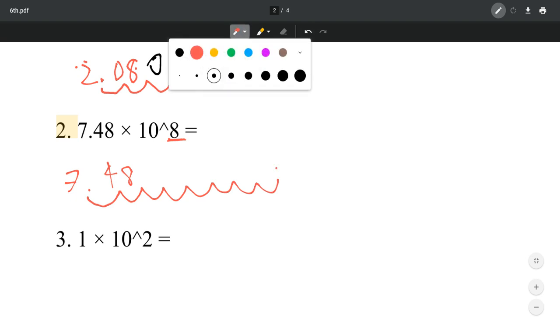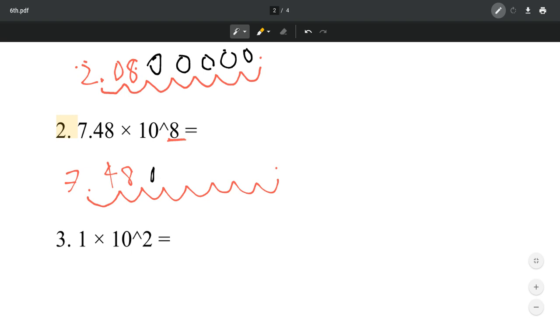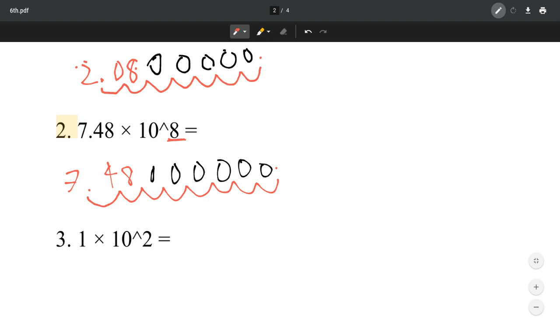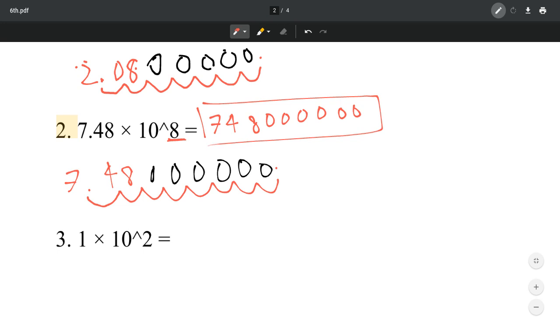We move the decimal point, and then we fill in the space with zeros. So we add 6 zeros. And so our final answer in normal form would be 7, 4, 8, and then 6 zeros. And that's our answer.